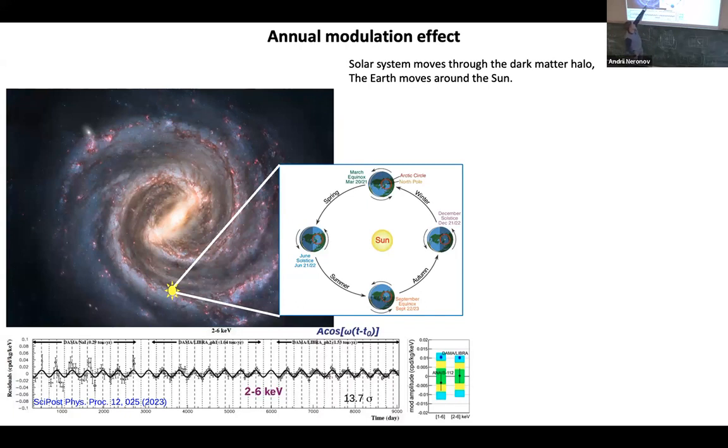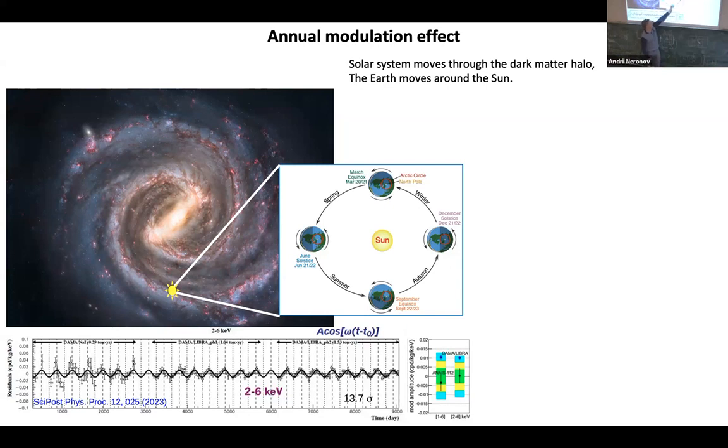If we look at the solar system itself, the Earth rotates around the sun with velocity 30 kilometers per second. Well, I'm not sure if this orientation is exactly like it should be, right? But if we look at one moment of time at the rate of events in whatever dark matter detector, we measure it, and then we repeat the measurement half a year after, when we are on the other side with respect to the sun.